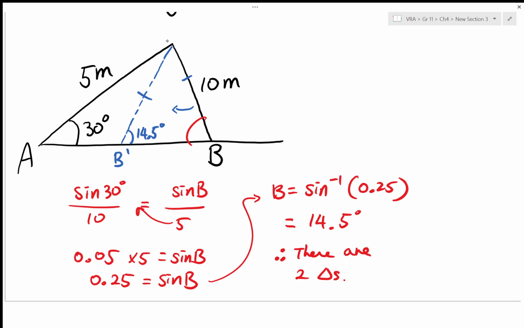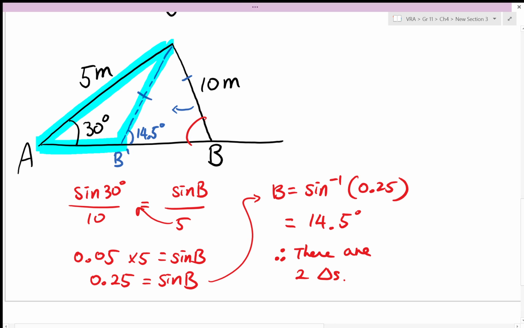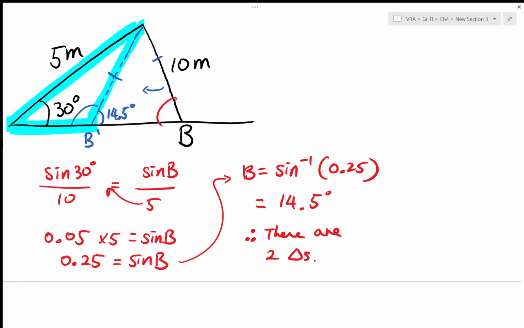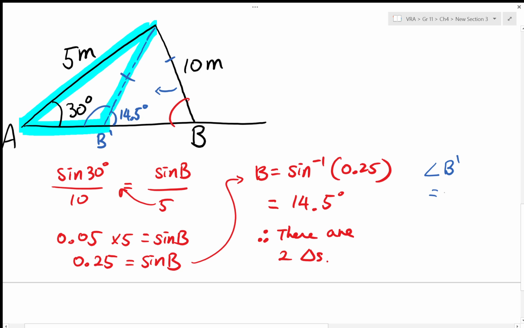The triangle I'm going to highlight in blue is the obtuse triangle with the obtuse angle B prime, which is 180 minus 14.5, and that gives me 165.5 degrees, if I didn't make a mistake in the calculation in my head.